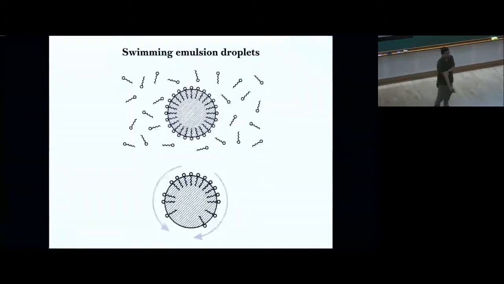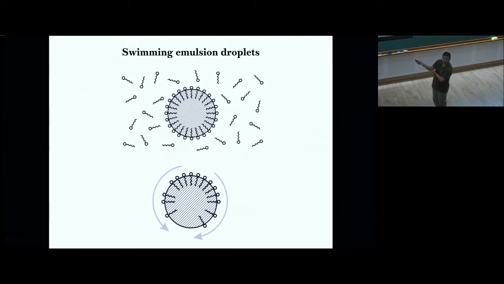Okay, so as I already told you, these are emulsion droplets of an oil, a liquid crystal, in water plus surfactant. The surfactant very quickly adsorbs to the interface and forms a nice clean monolayer around this droplet.